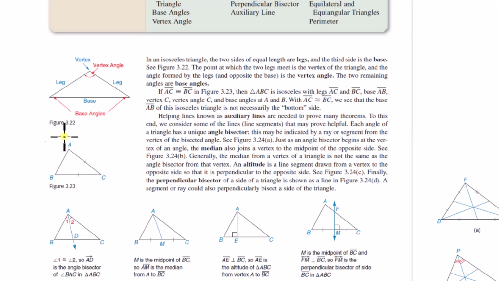For example, we talked about how we could add an auxiliary line that goes through point A and is parallel to line BC. That would be a unique line. But we couldn't just say that we're going to draw a line that goes through point A, and then draw this line and start analyzing. Well, what line is this? There's an infinite number of lines that go through point A. So you need more information.